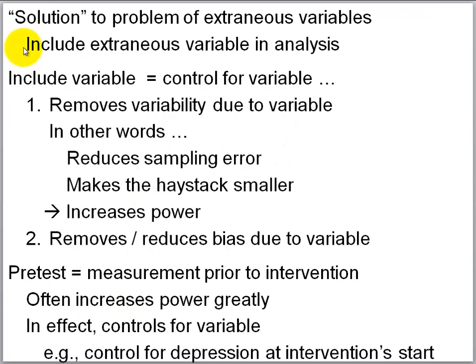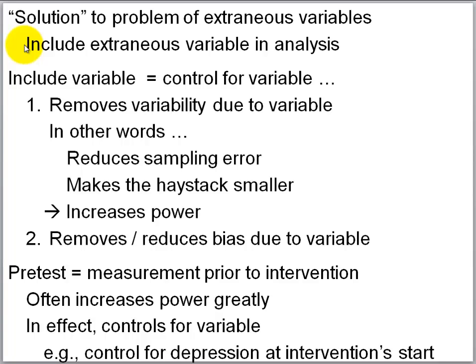What is the solution to the problem of extraneous variables? In a way, you need to take a multivariate statistics course. But basically, if you include extraneous variables in the analysis, that can often increase power.